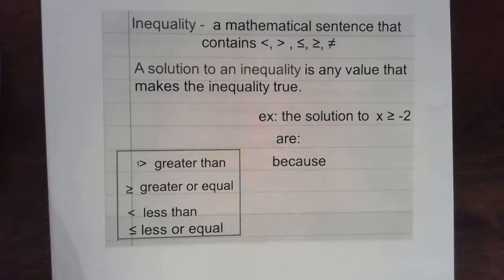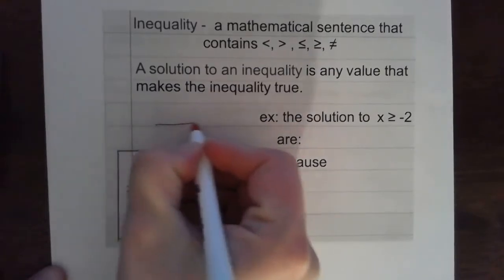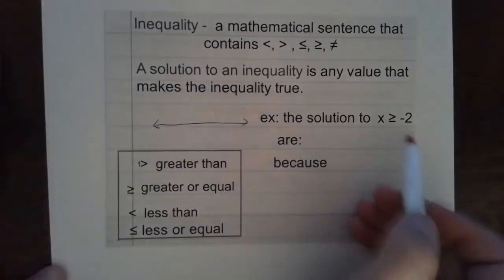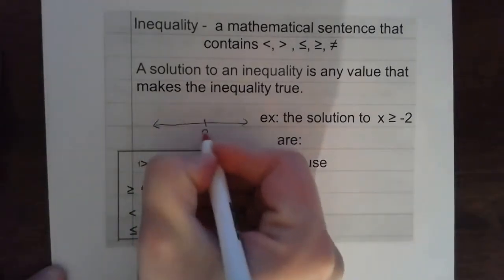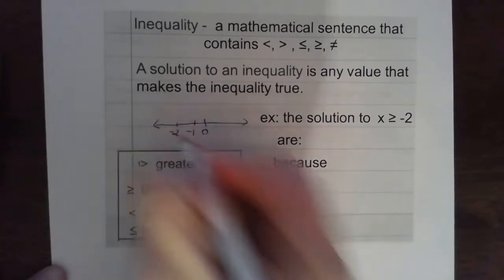So how do you know which numbers are greater than -2? If you go on a number line, I'll draw a little number line here, and you plug that number which is in your inequality. So I'll do 0, -1, -2.